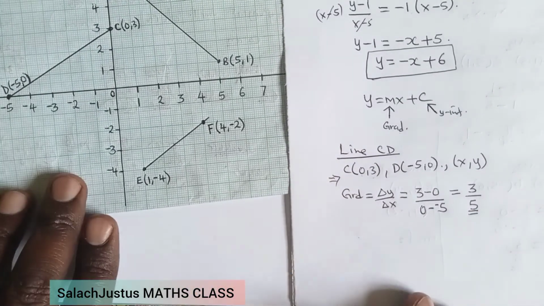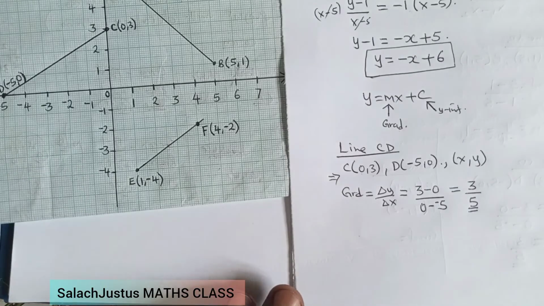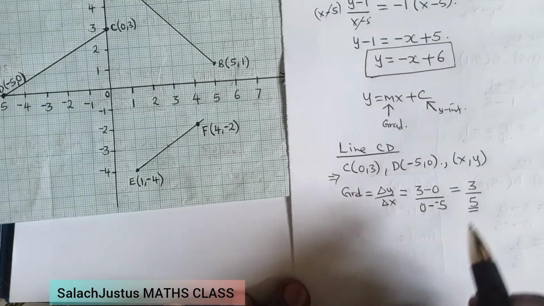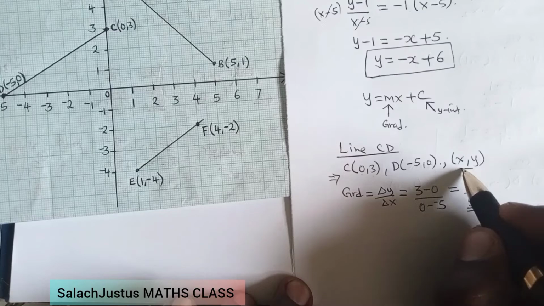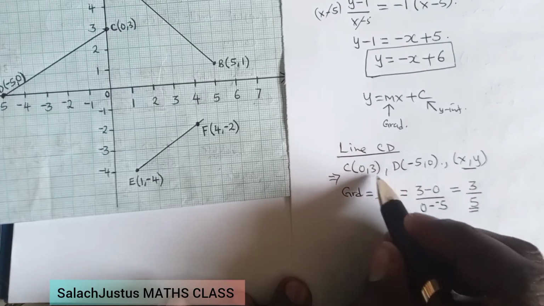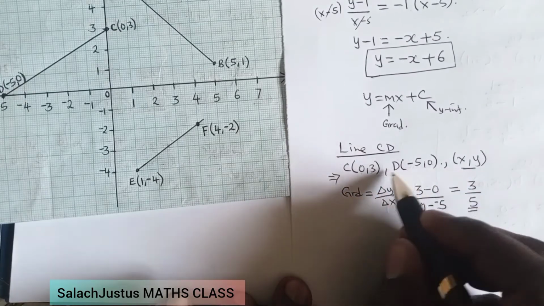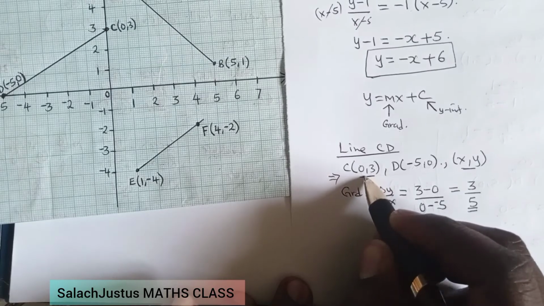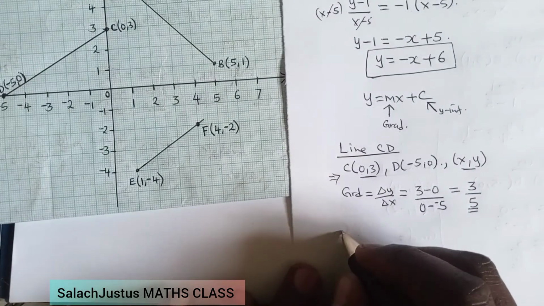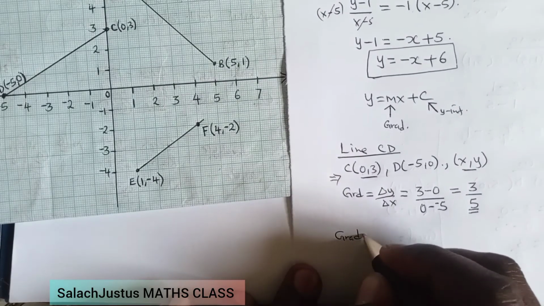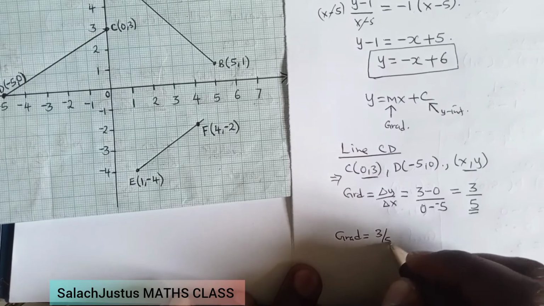Let's proceed by finding the equation of the line. Pick your arbitrary point x, y, and any of the points that you think is simpler to work with. So today let's pick 0, 3 here. Let's begin with the gradient as 3 over 5.